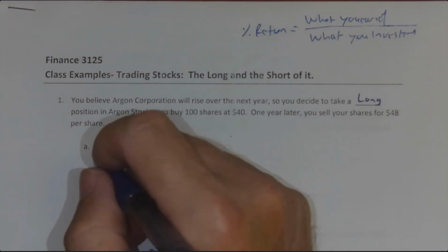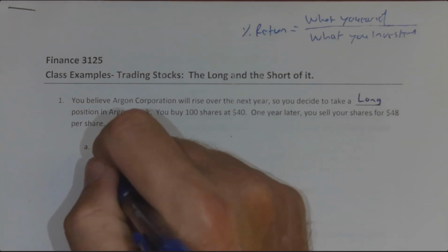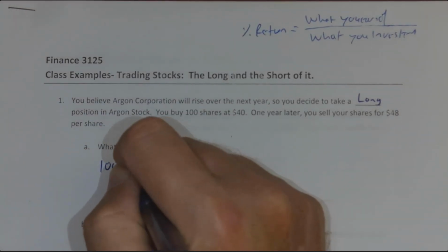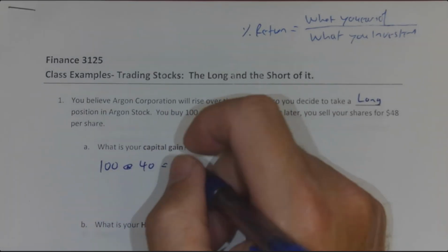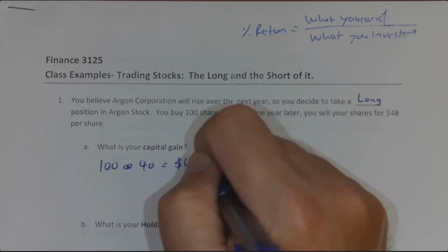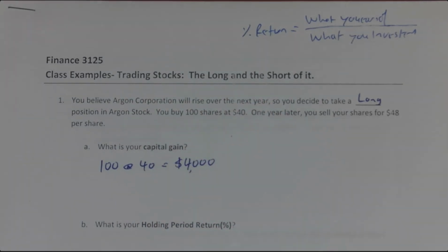Okay, so if we buy 100 shares at $40 a share, 100 times 40, we invested $4,000.